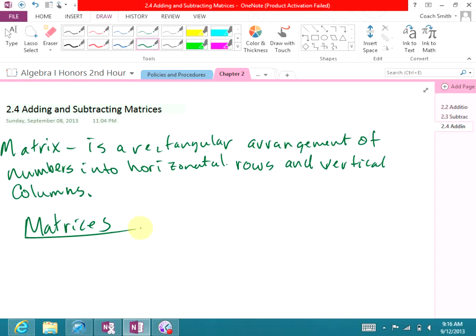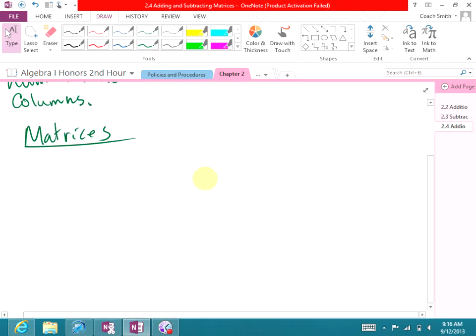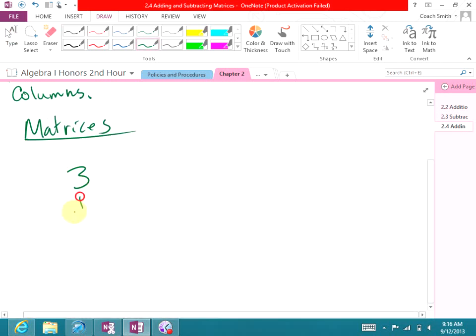But basically, if you look at the very first example, right in the middle of the page, they've shown you several different matrices, okay? If you look at the one that looks like this, you have the 3, and then you have the 1/2, okay?